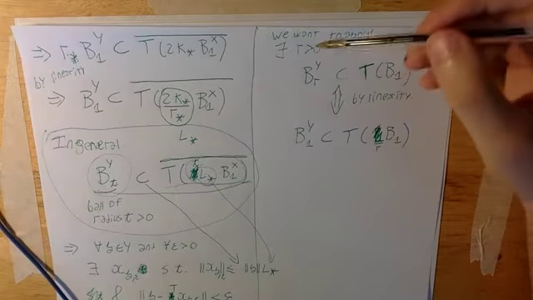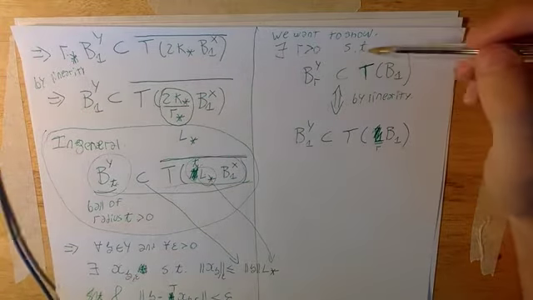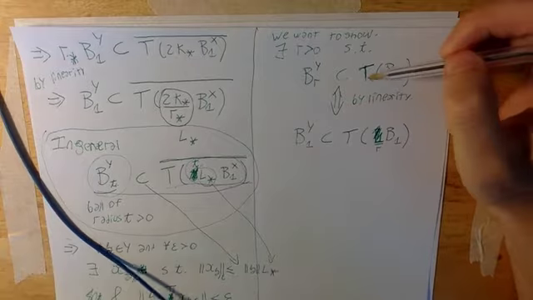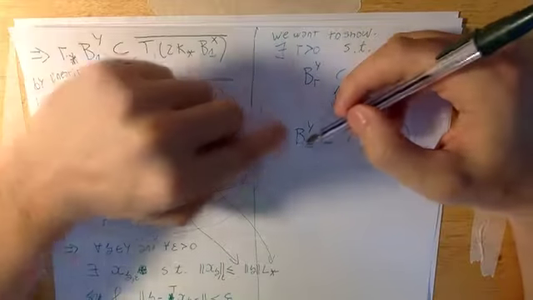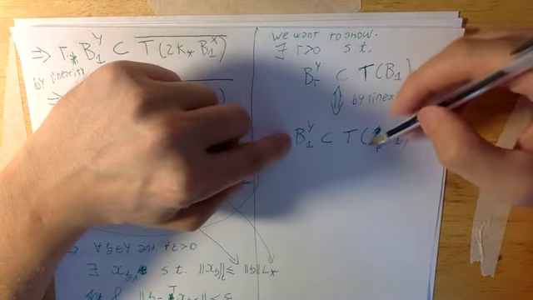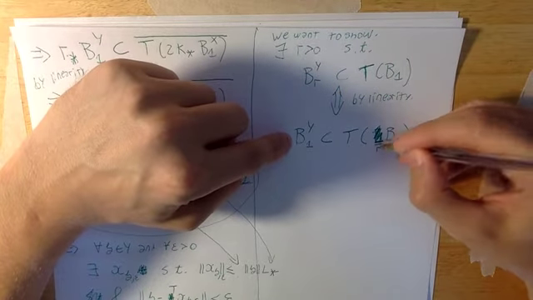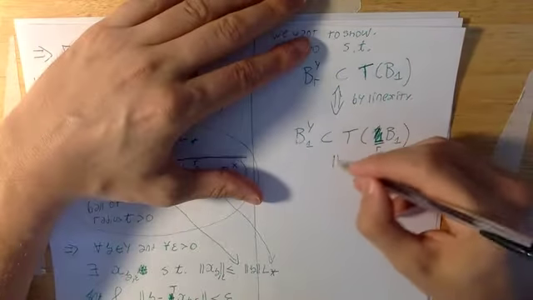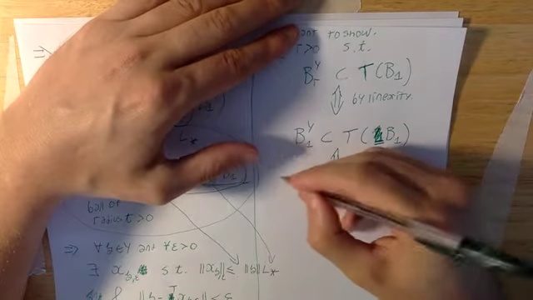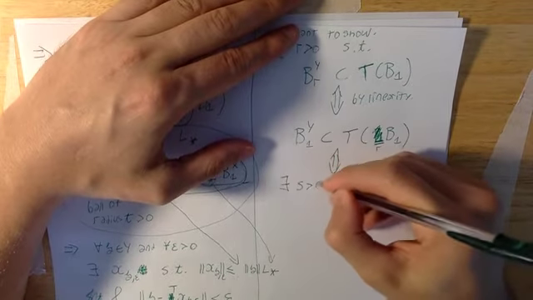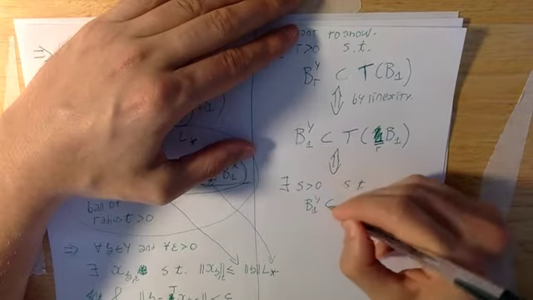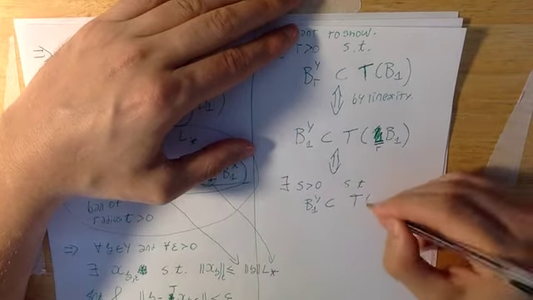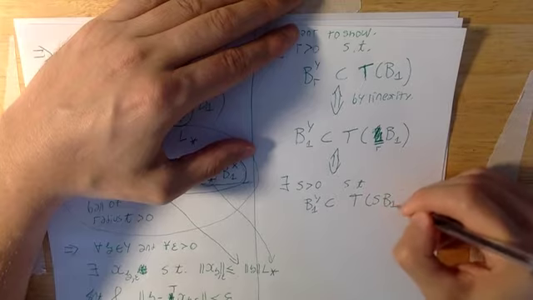So showing that there exists R positive such that B_R(Y) is contained in T(B1) is the same as saying, by linearity, that B1 of Y is contained in T of 1 over R times B1, which again is the same as saying that there exists a little s positive such that B1 of Y is contained in T of S B1.